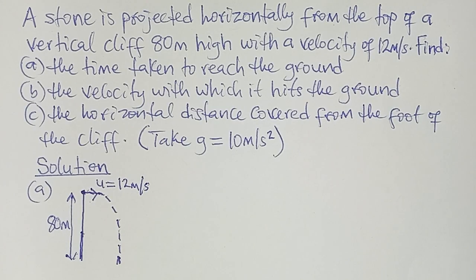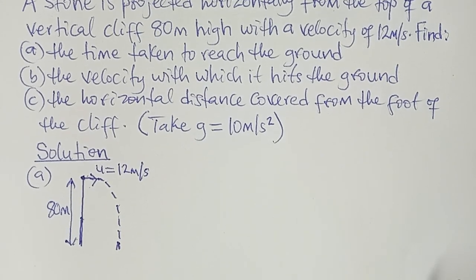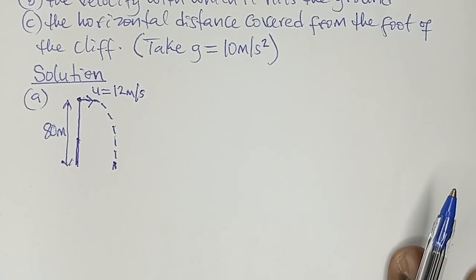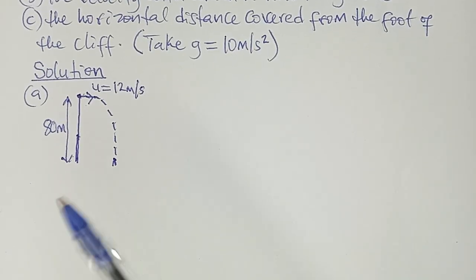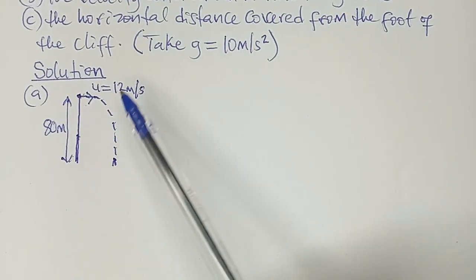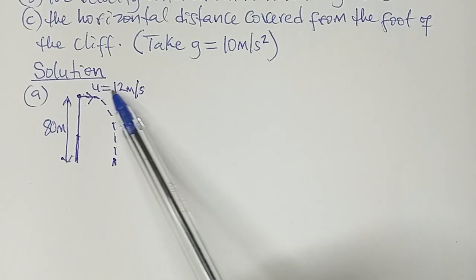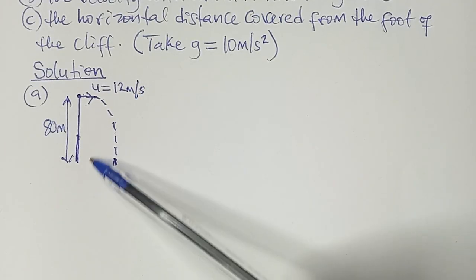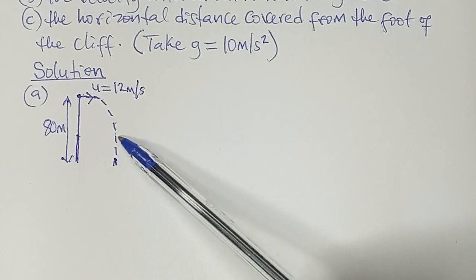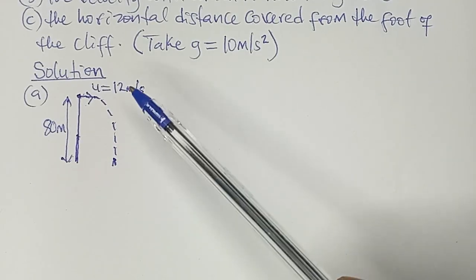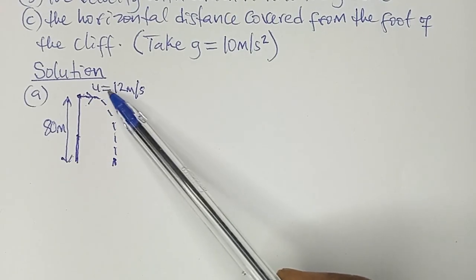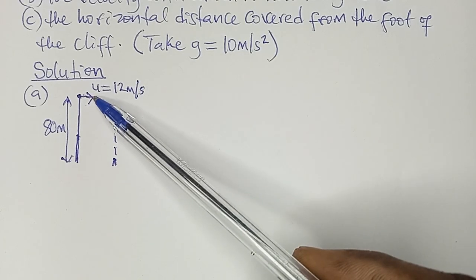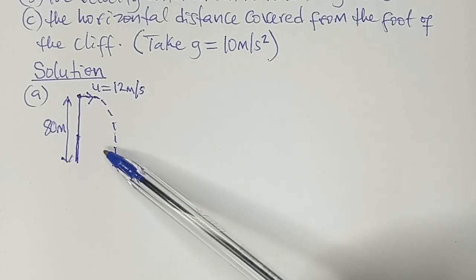In a question like this, please be very careful, because it is very important to take note that this initial velocity given, this 12 meters per second, does not affect the vertical motion of this object.